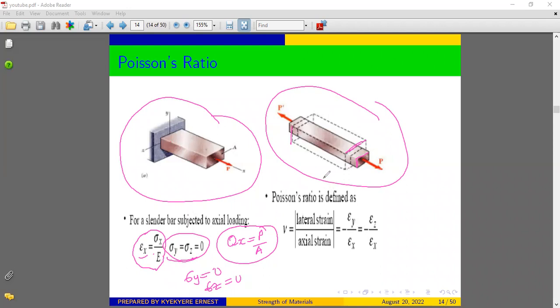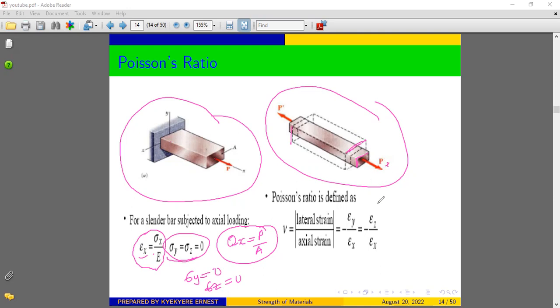And the measure of this contraction in the y-axis as well as the contraction in the z-axis relative to the elongation in the x-axis is what we refer to as Poisson's ratio.